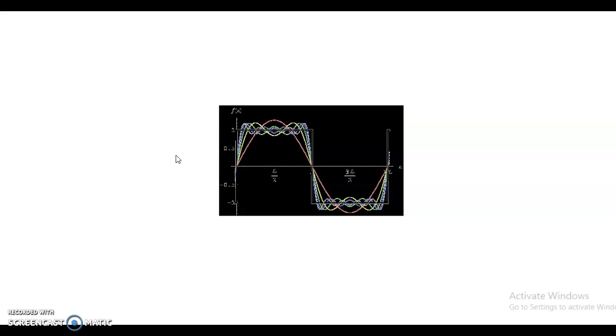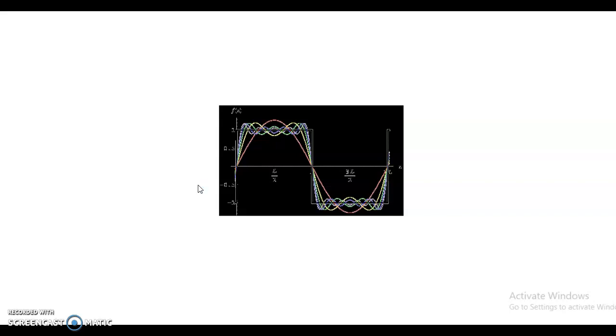Multiple terms are being computed, and the whole graph keeps evolving, and ultimately it gives you an approximation to the original signal. If you add infinite terms, you can represent the exact x of t using the Fourier series coefficients.